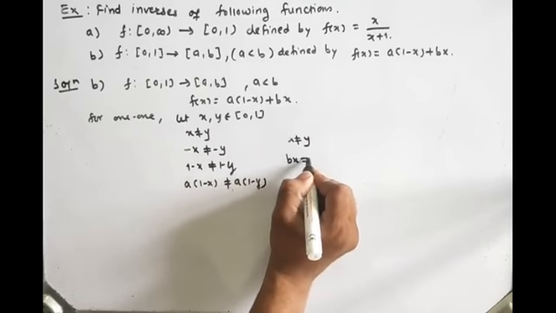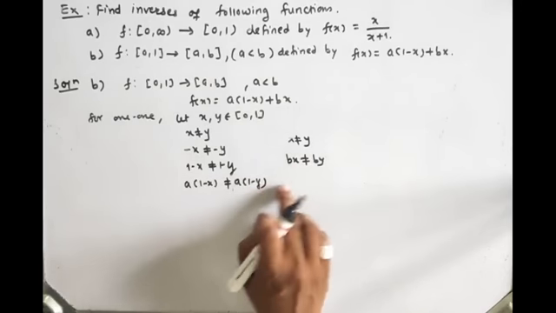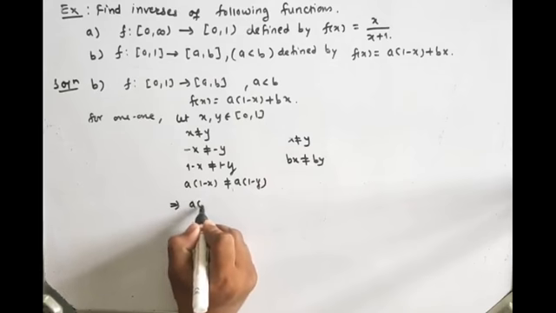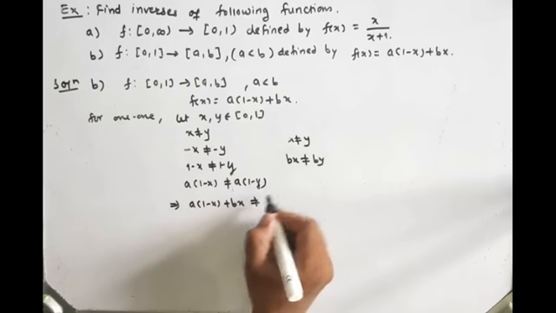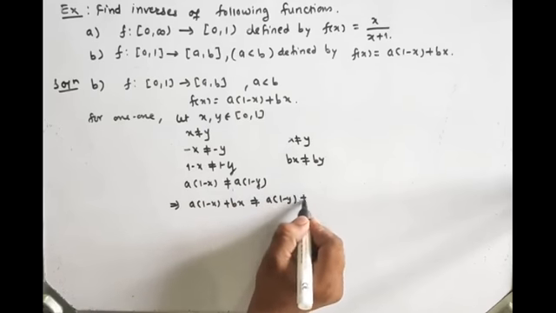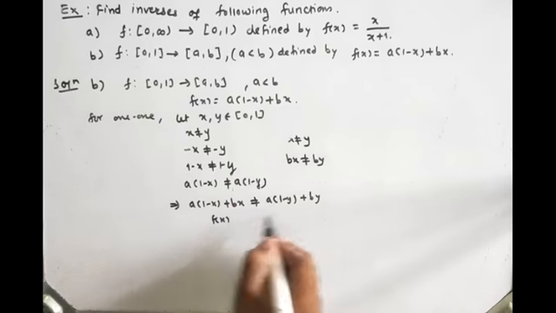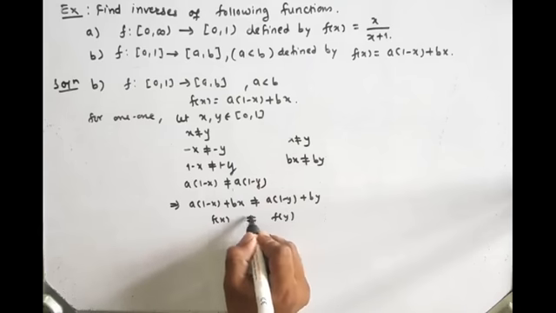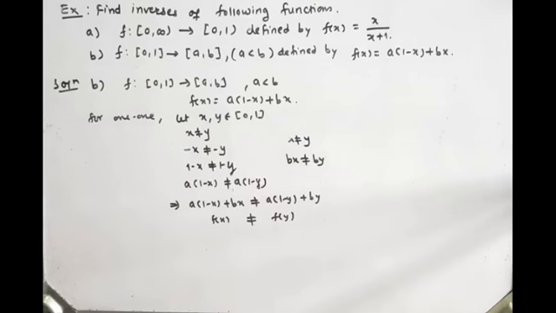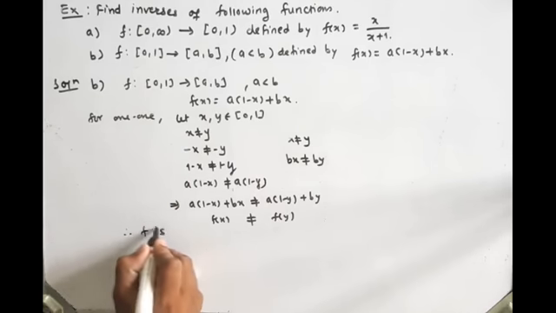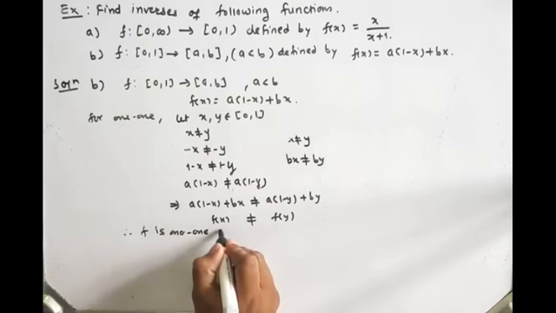So bx is not equal to by. Adding, a into 1 minus x plus bx on the left side is not equal to a into 1 minus y plus by. So this is the function f of x and f of y, which are not equal. Here x not equal to y gives f of x not equal to f of y. Therefore f is a one-one function, or we say an injective function.